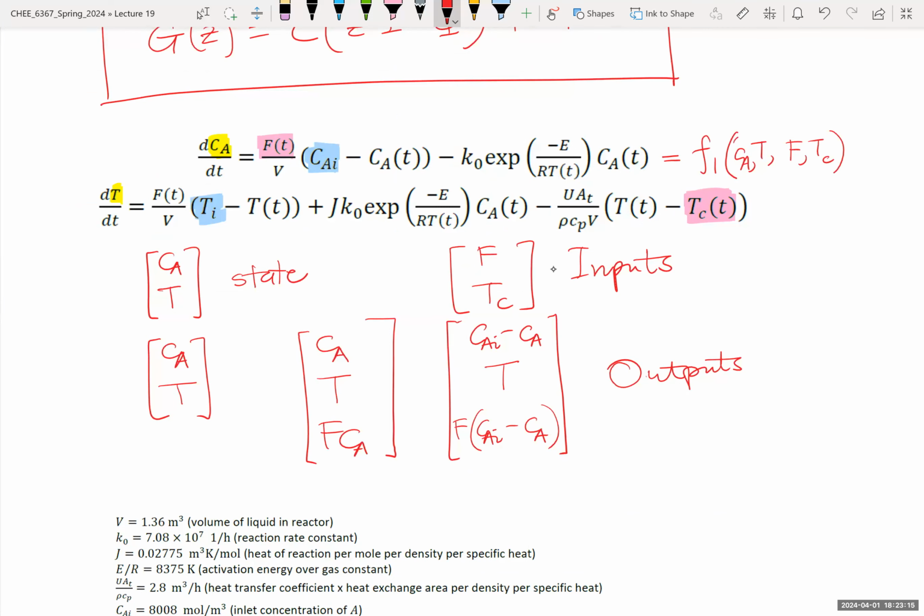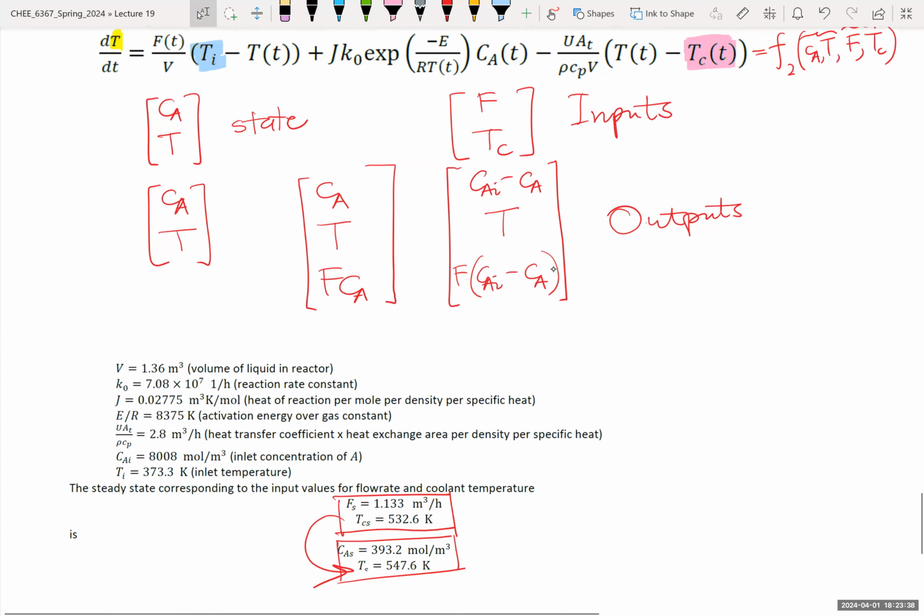So these are states, x of t. These are inputs, u of t. And this is F2, same story, CA of t, T of t, F of t, TC of t, states, inputs. So linearization has to proceed by taking F1 and F2 and taking the derivatives of these.